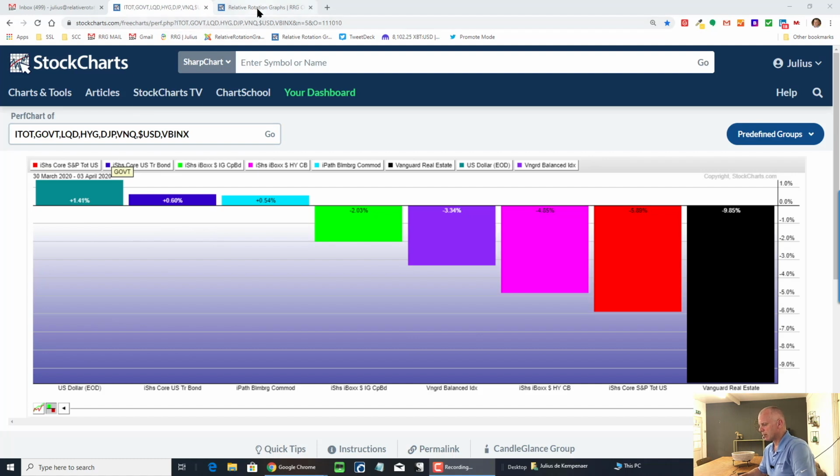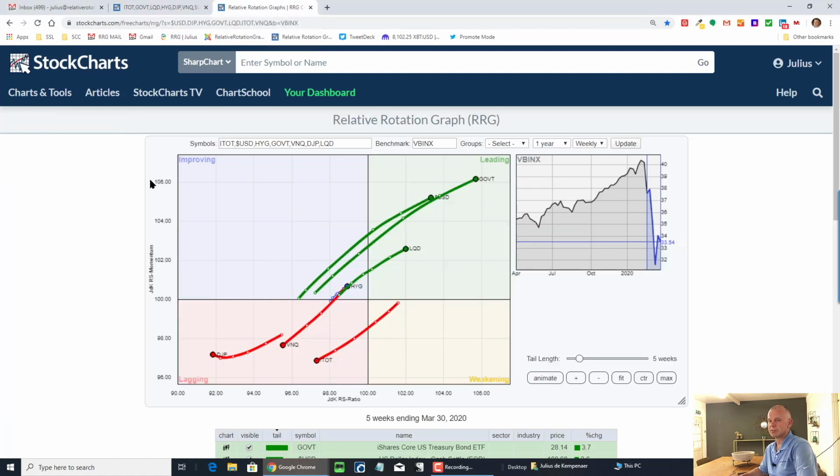If we look at the RRG that belongs to this set of asset classes, we still see a very clear risk-off rotation with corporate bonds, US dollar and US treasuries inside the leading quadrant and still powering further into that leading quadrant. And stocks, ITOT, VNQ and commodities inside lagging.